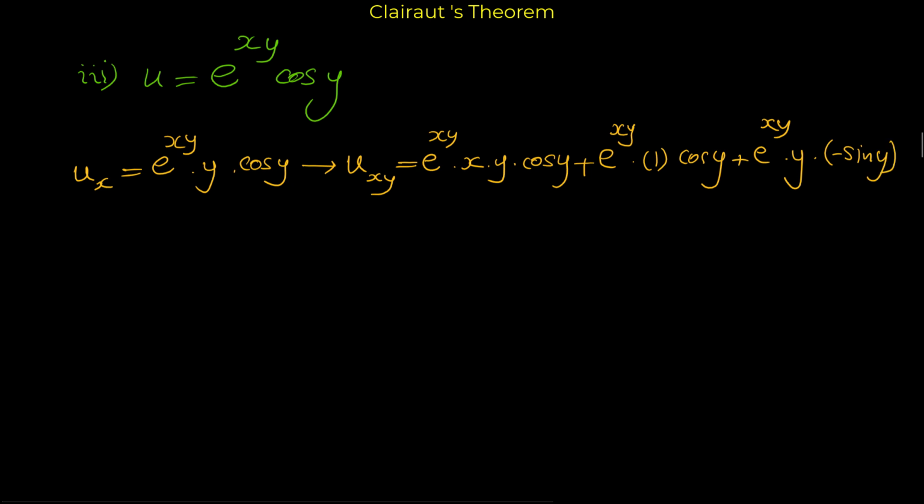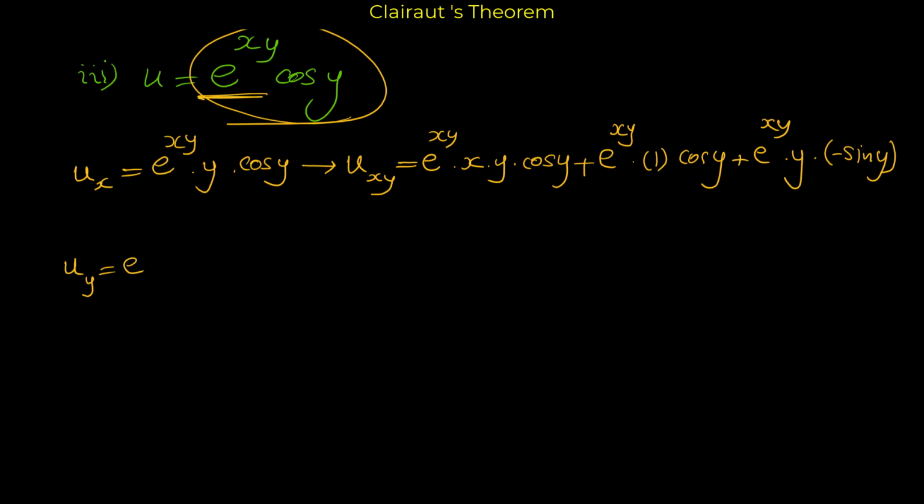Now we have to do the calculation for uy and then uyx. The derivative of this function with respect to y is the derivative of e to the xy, which is e to the xy times x. Don't forget to multiply by cosine y, plus, now keep this here, multiply by the derivative of cosine, which is negative sine.